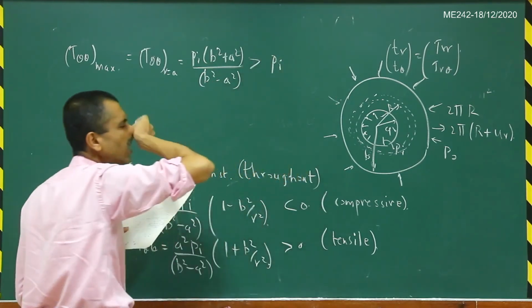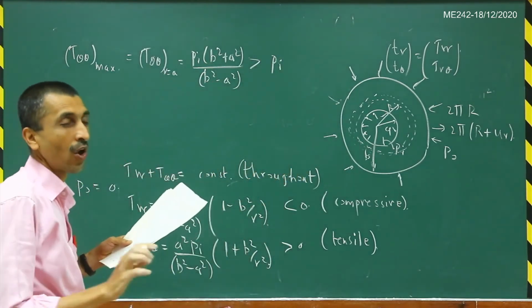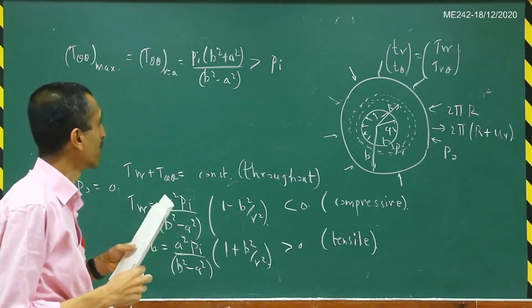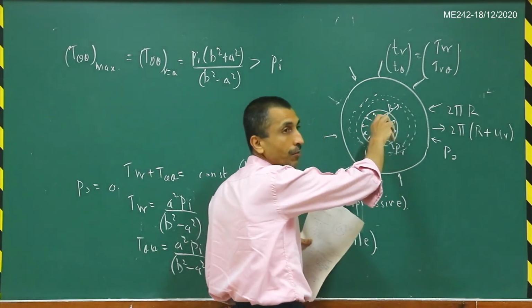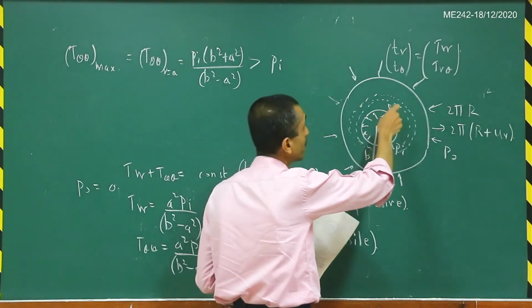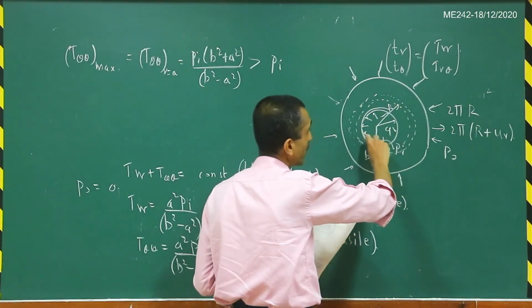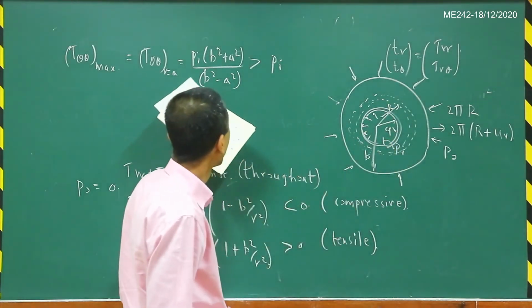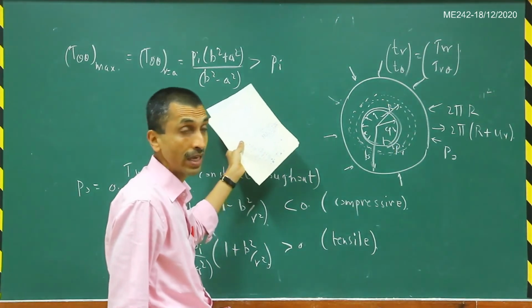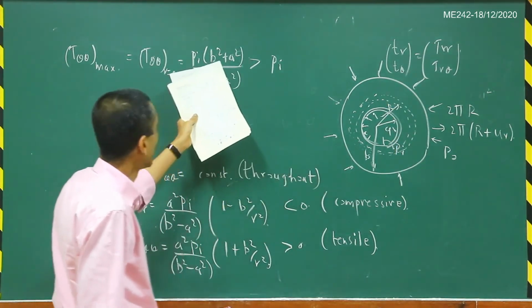Okay, so this is the non-intuitive aspect of this whole thing, that actually you are applying only a pressure of Pi, right? But the stress that is generated along this fiber here, that is this tau theta theta, can be several times greater than Pi. That, of course, depends on the dimensions.